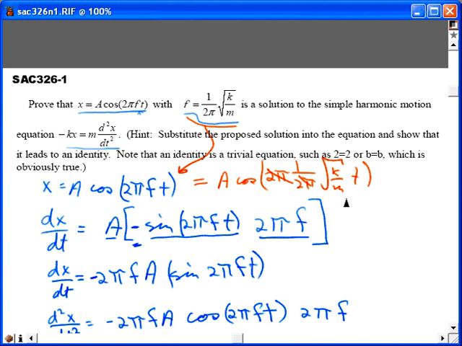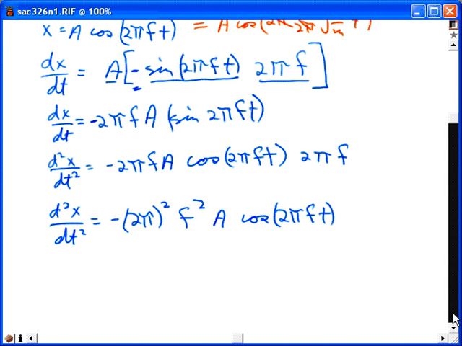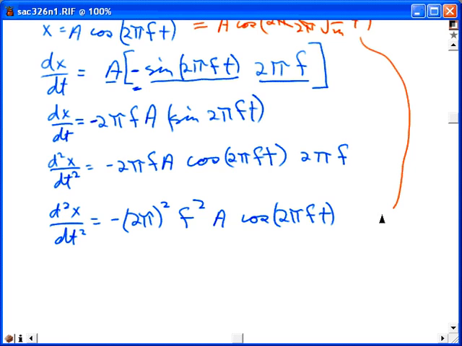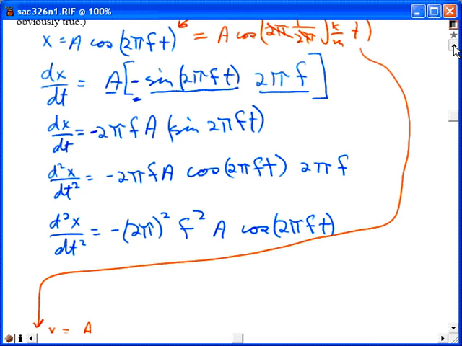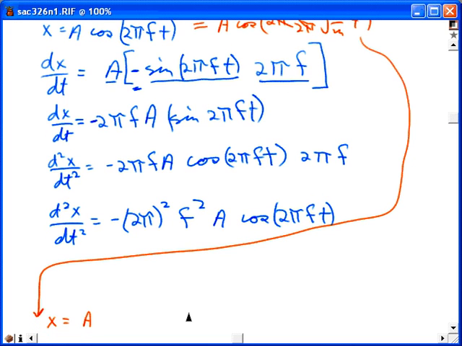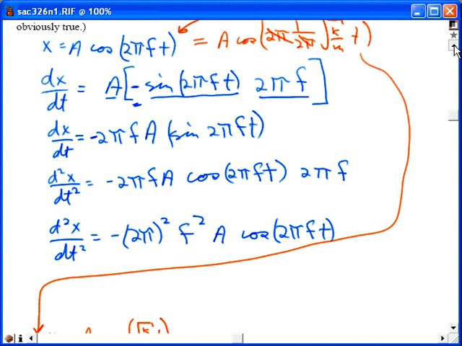And the 2 pi's cancel, so x, I think I'll write that down here. x is equal to a times the cosine of the square root of k over m times t. That's quantity k over m under the radical. And that product is what we're taking the cosine of. So I think I've got that.